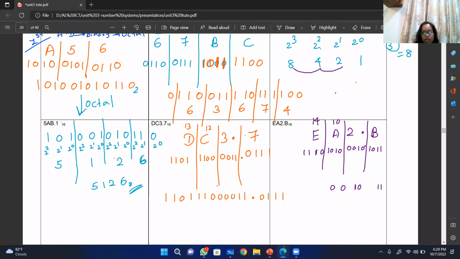Now, the clustering part. Clustering part means just separate from this decimal point, 3 from here, and add 2 zeros for this one. Then again, add a 0 on the other side. Right?